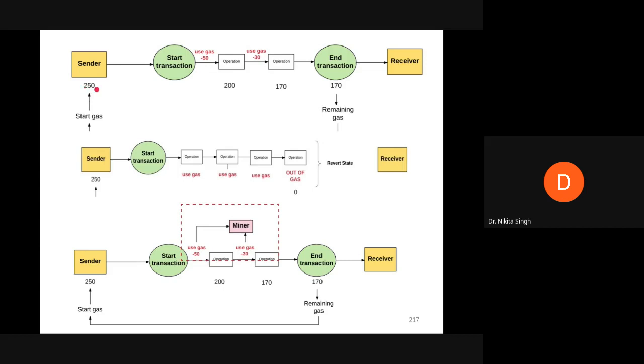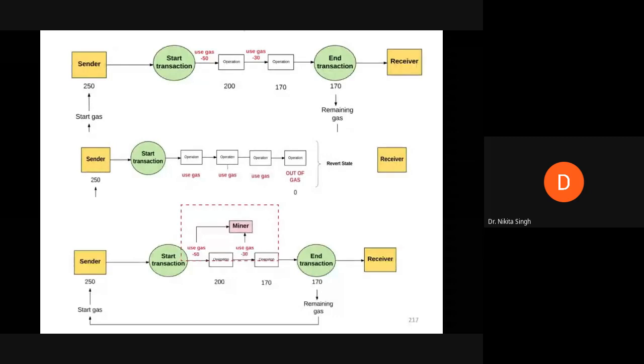Suppose this value was not 250, it was 50,000 as stated by the network. So this is the maximum limit that you are setting. The network will use as much as it requires and the remaining gas will be sent back to you. So the sender sets the limit and the gas price for each transaction.